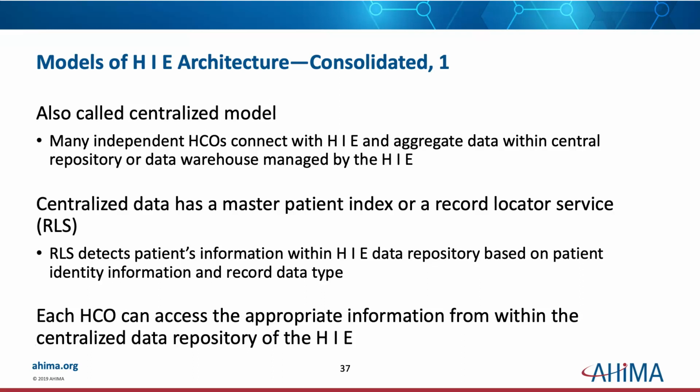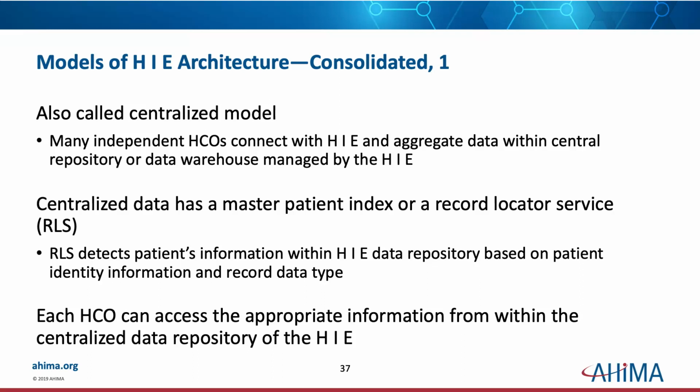So centralized model, it allows many independent HCOs to connect with HIE and aggregate data in a central repository or data warehouse that's managed by the HIE. So that's centralized. They have a master patient index or record locator service. Make sure you know what RLS stands for.